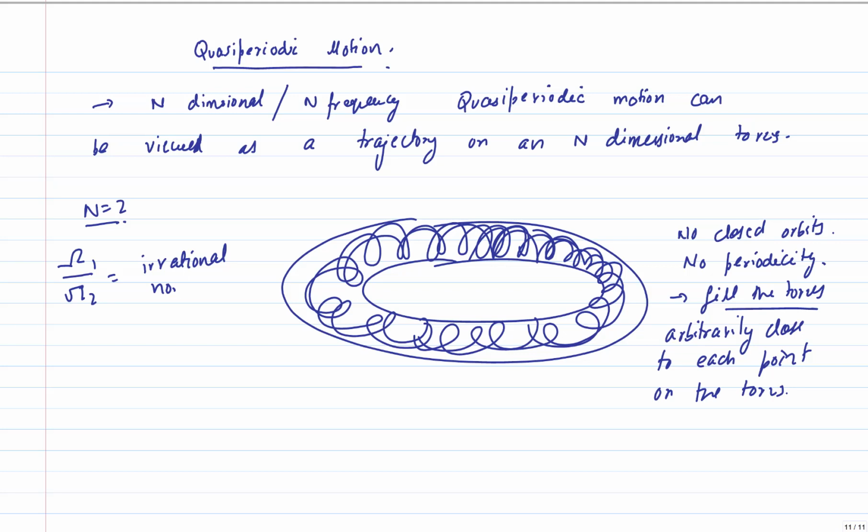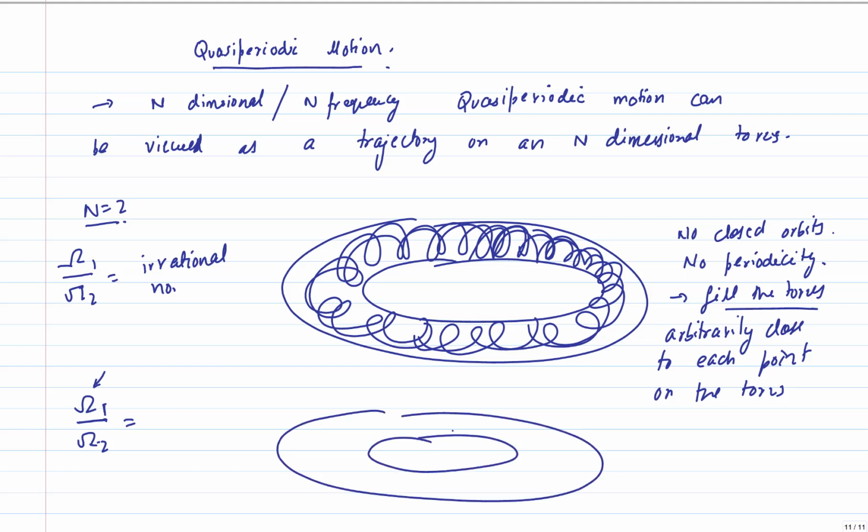We also saw what happens when the ratio of the frequencies... Now, in the last lecture I said this is a larger frequency. It need not be. The ratio of the frequencies across this path and across this path, what happens when it's a rational number?